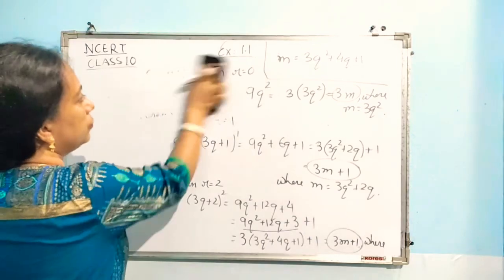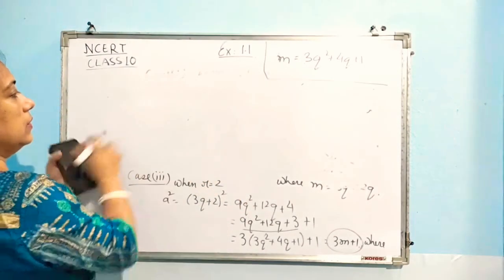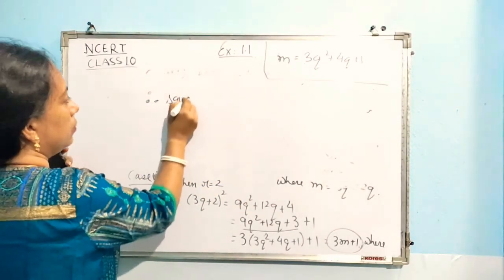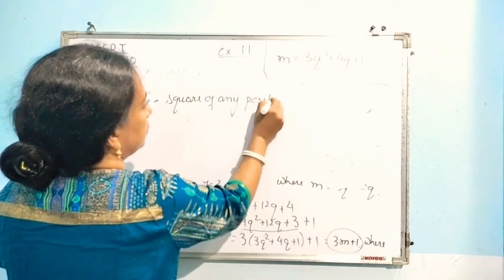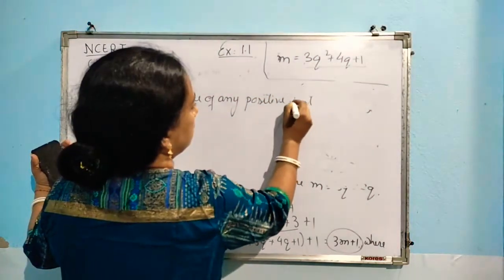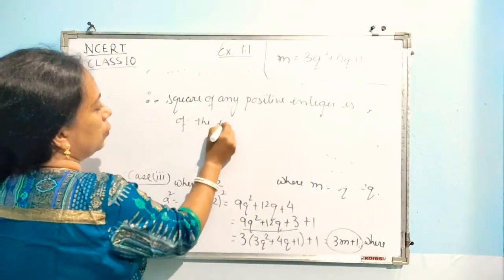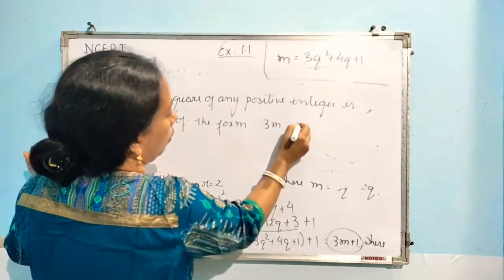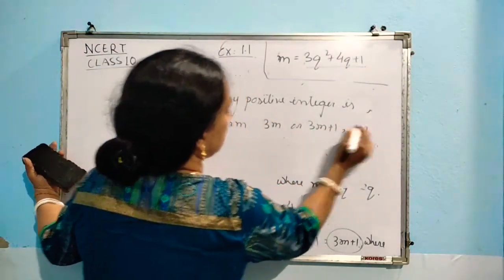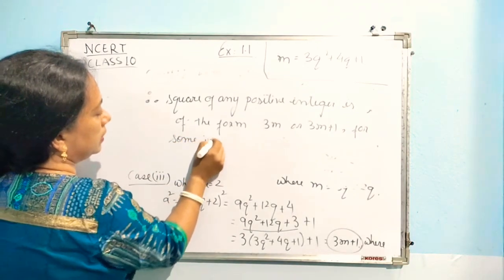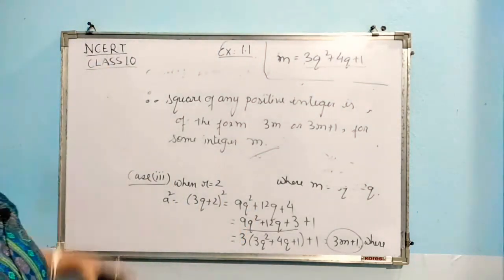So lastly what we have to write: therefore the square of any positive integer is of the form 3m or 3m plus 1, for some integer m. This is how it has been proved.